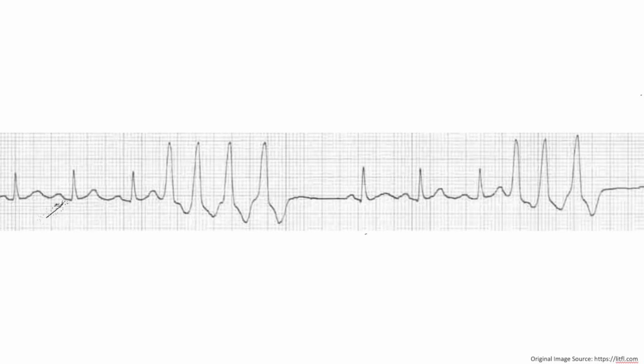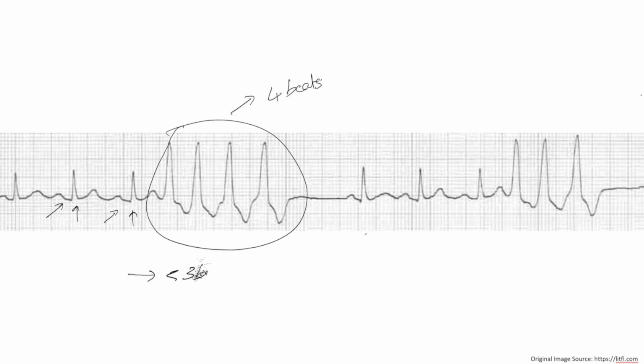Now let's take a look at this strip. You see a P wave followed by a QRS, a P wave followed by a QRS, and then you see these four random looking beats. And notice how they're broad and there is no preceding P wave, so these beats are likely of ventricular origin. So the convention we follow is that if you see less than 3 beats, these would be PVCs.